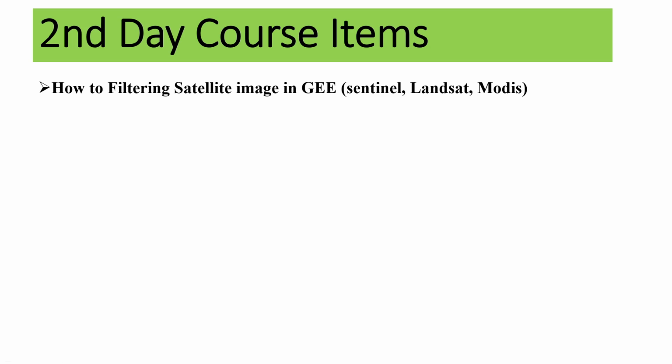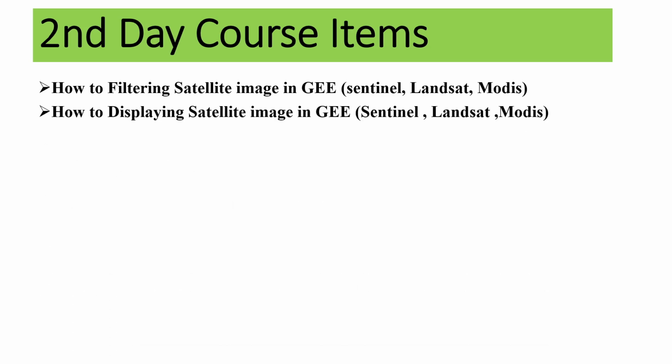You can easily filter them from the Google Earth Engine public data catalog. Then we learn how to display this satellite imagery, Sentinel, MODIS, or Landsat, in the Google Earth Engine platform.